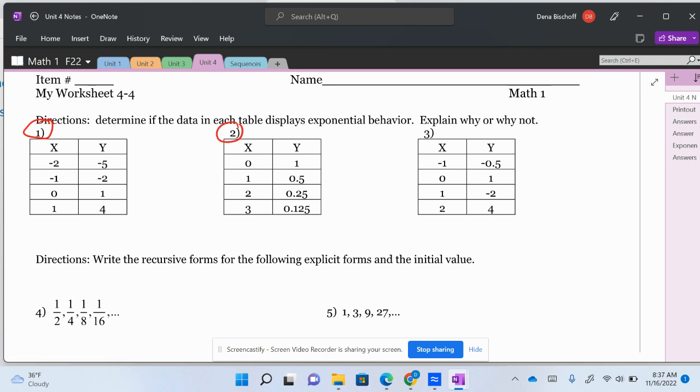So I have to determine if the table represents an exponential function and say why it does or why it does not. So let's look at example 3. First thing I want to check, are these all growing at the same increment? +1, +1, +1. Yes, check. Okay. What am I doing here? What's my multiplier?